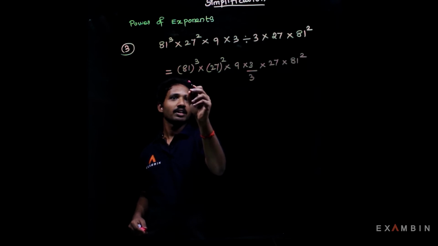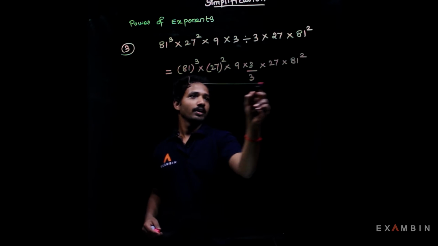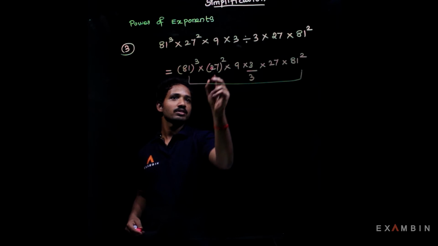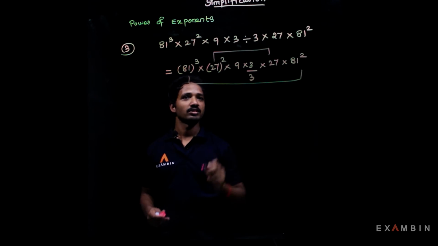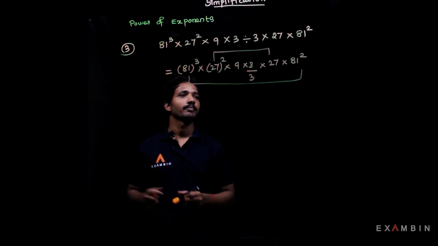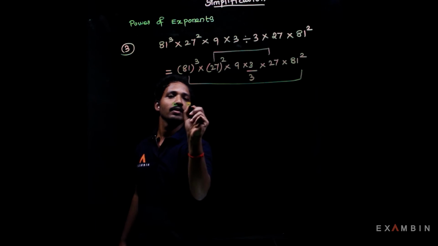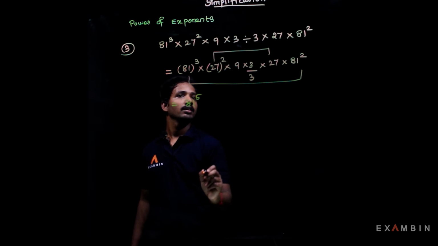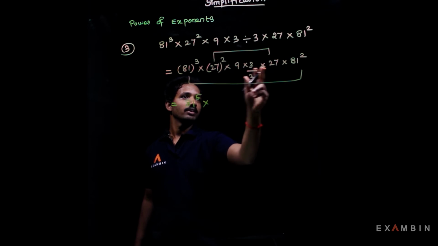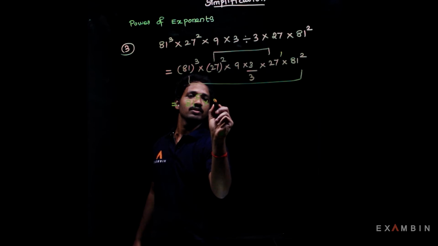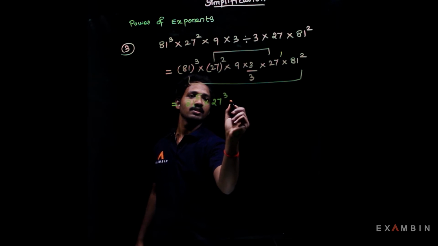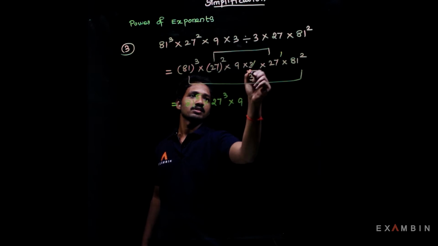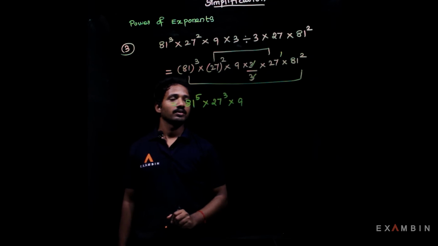So here we have two 81 bases and two 27 bases. We will first combine them. 81 power 2 plus 5, into 27 power 2 plus 1, 27 into 3 into 9. These 3 and 3 will be cancelled.